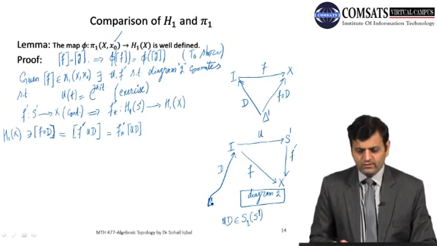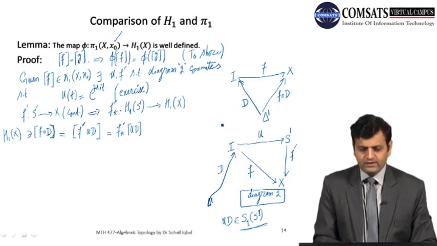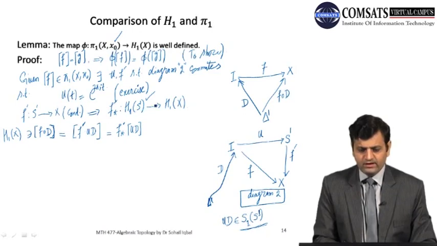It's a continuous function from the standard 1 simplex to S1, hence an element of this free abelian group generated by singular 1 simplices of S1. As I said, we have seen this function many times. We are taking the singular 1 simplices of S1 and taking the composition with f prime, and then we are getting the element of this. In other words, this is equal to this.